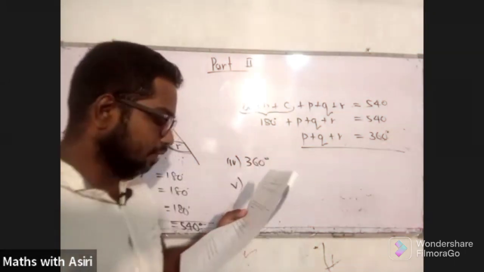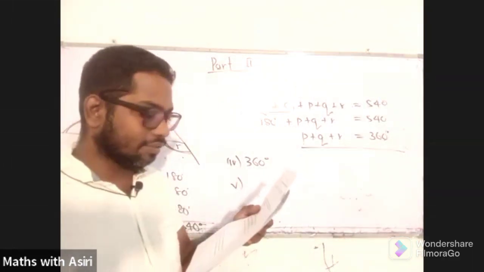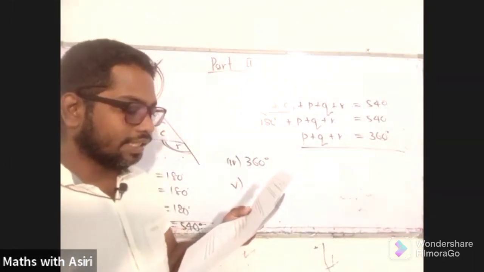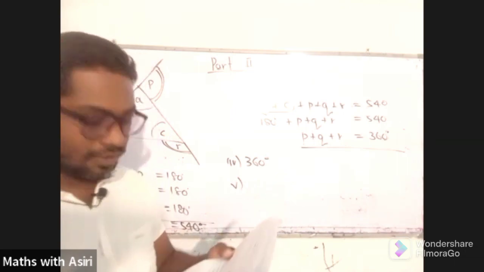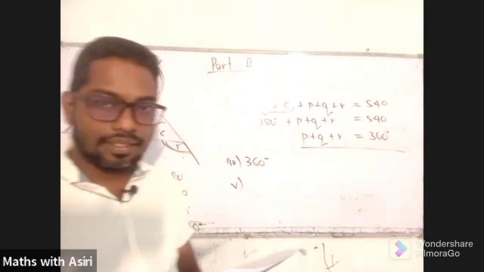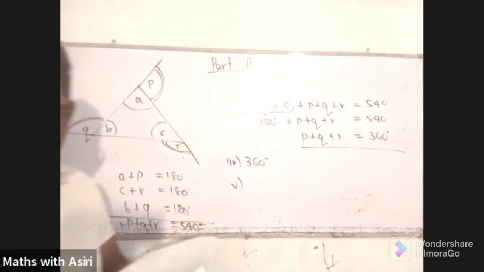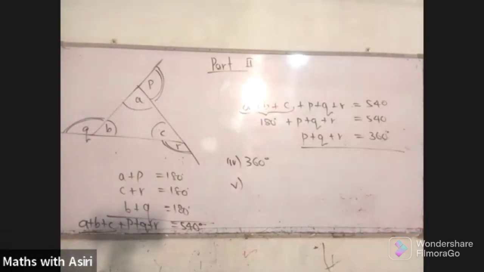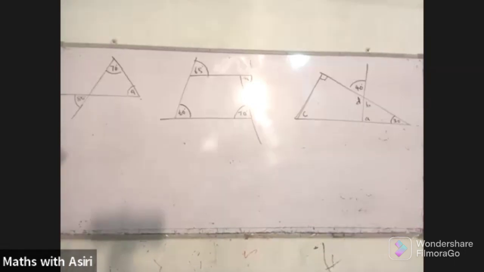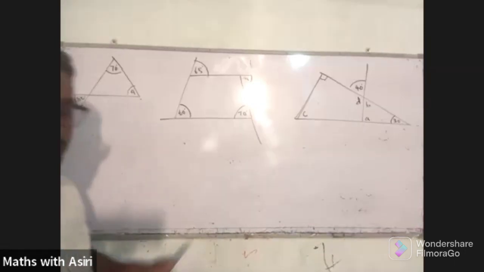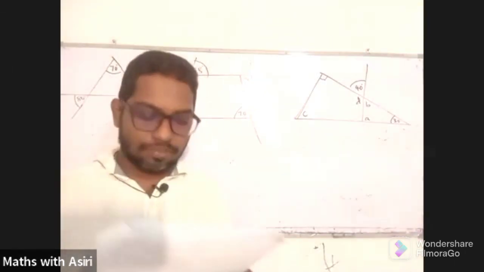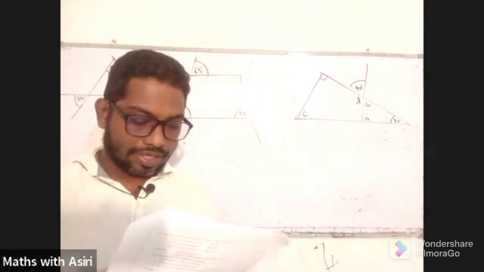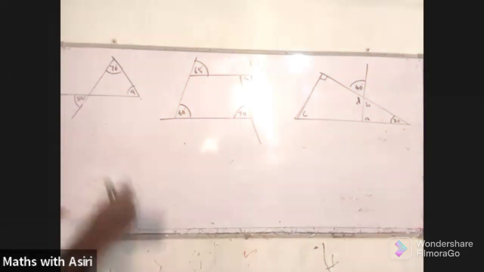Question number 5. Find the values of the angles given in the following figures A, B, C, D, and X. Let's consider the first triangle.